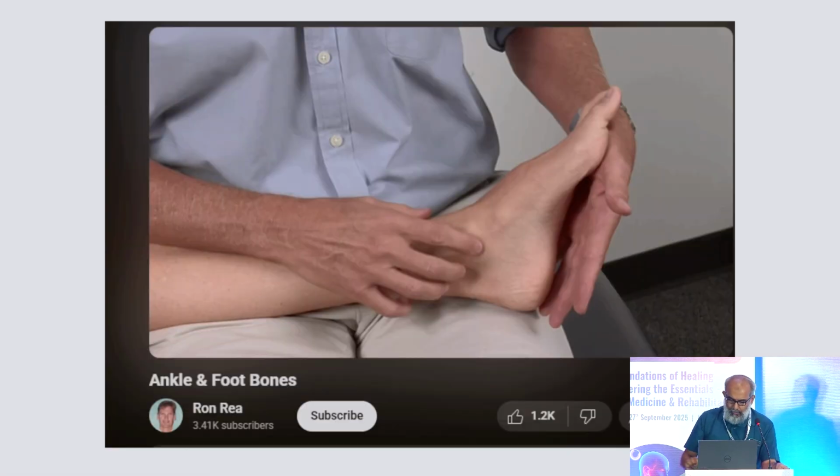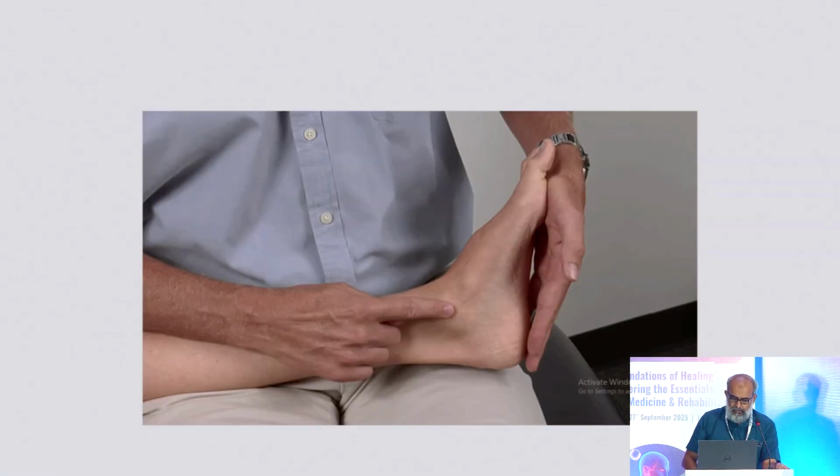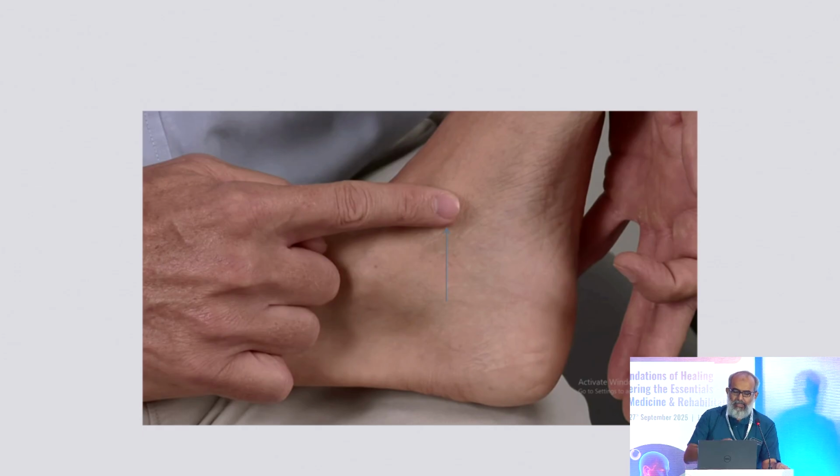Move forwards from that point and you will get the second bony prominence. That is the navicular tuberosity. From the sustentaculum tali you go forwards in the medial plane and you will get the navicular tuberosity.